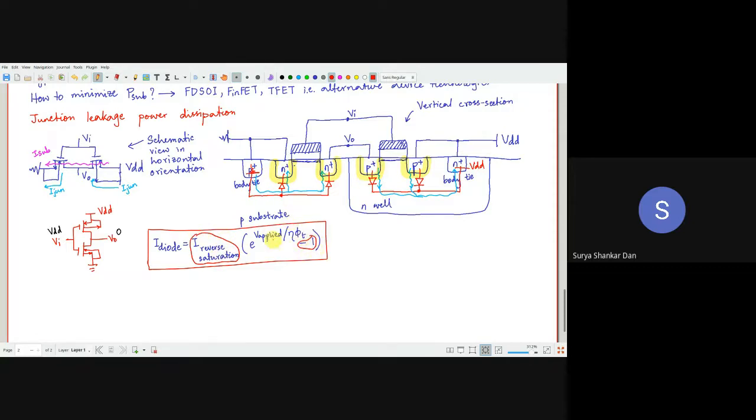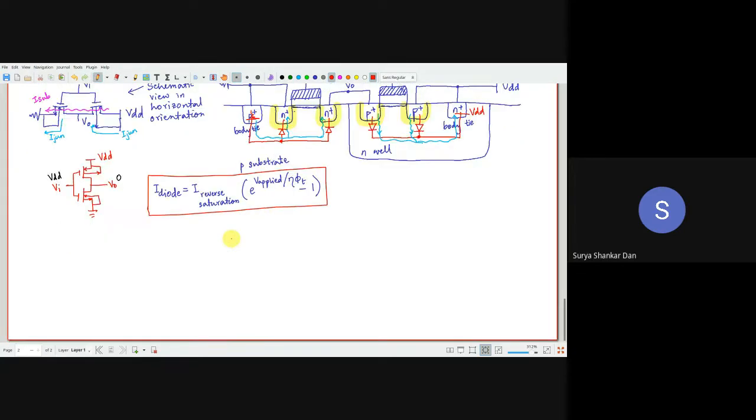ऐसा नहीं है कि अगर applied voltage 0 हो गया, then what do you get? So what I'm trying to tell you is this. When the applied voltage, remember this applied voltage is actually the voltage which is appearing across the junction. If the voltage across the junction is 0, तब क्या होगा? E to the power 0 minus 1.